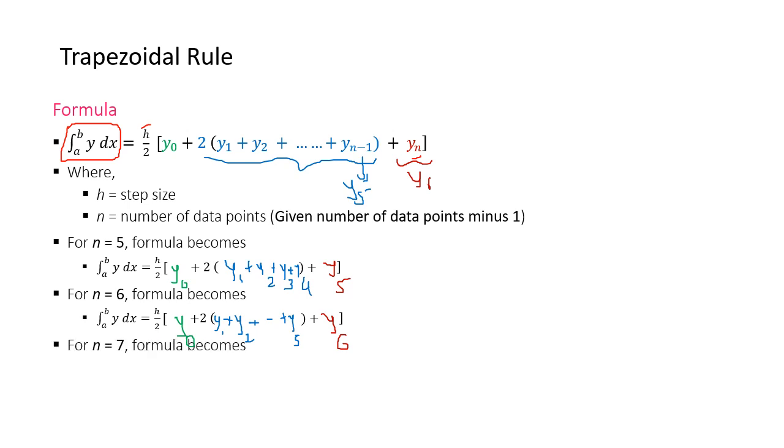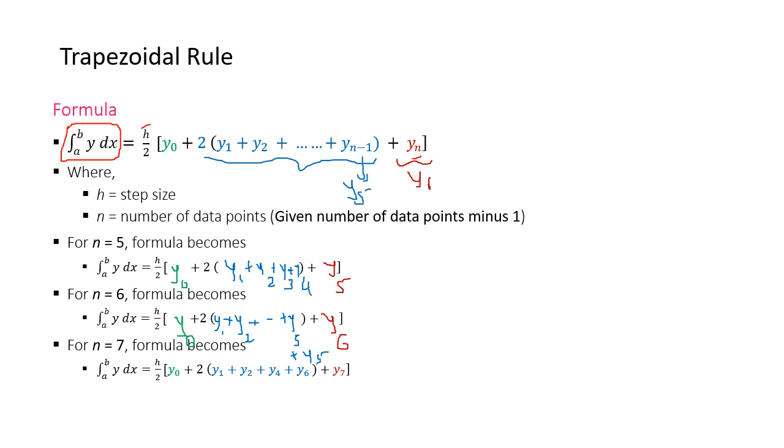Okay, similarly if n equals 7, then the formula becomes h by 2 in square brackets y0 plus 2 into, n minus 1, n is 7, so 7 minus 1 is 6, so y1 plus y2 plus y3 plus y4. Sorry, I missed y5, so it should be plus y5 plus y6, and finally yn is y7.